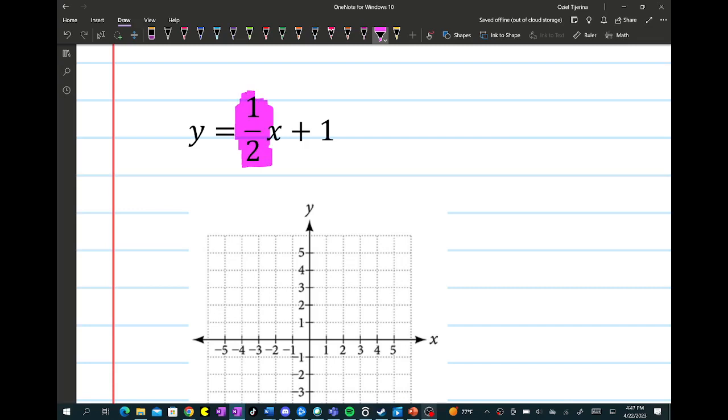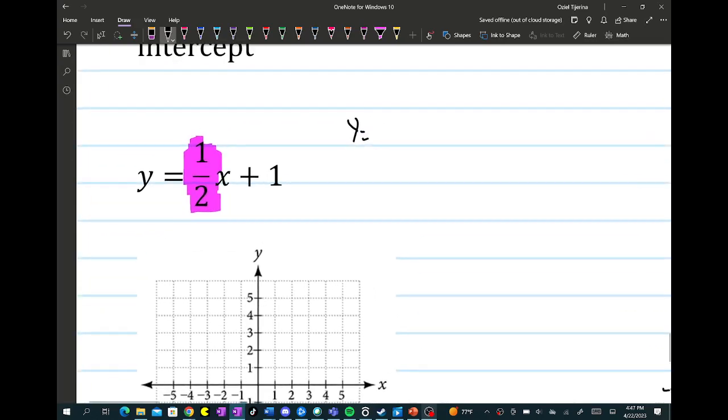It's still of the same form, and it's called slope-intercept form. Basically, I'm going to just say it's mx plus b. And like I said, I know that m is my slope and b is my y-intercept.